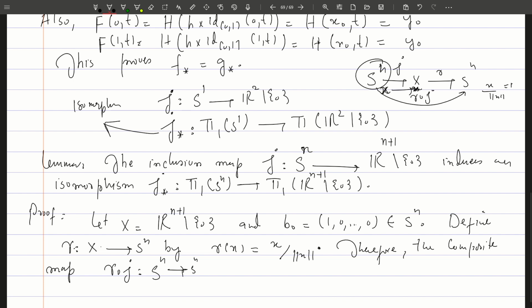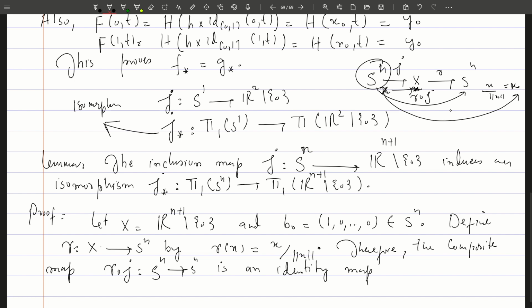So this is equal to x. That means x goes to x, so this map is the identity map. So if this is the identity map, the induced homomorphism will be injective.